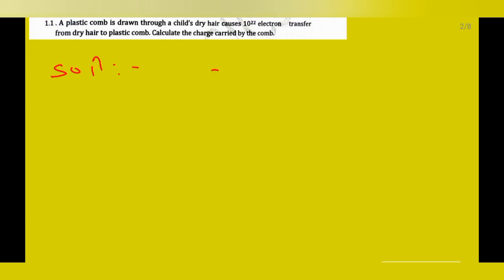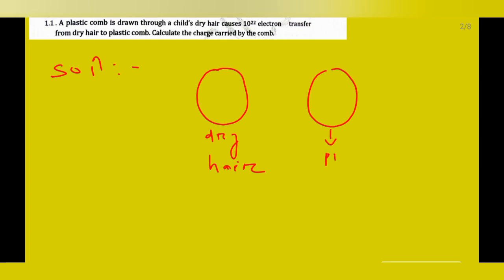If this is my dry hair and this is my plastic comb, then the question says from dry hair to plastic comb there will be transfer of how many electrons? 10 to the power 22.